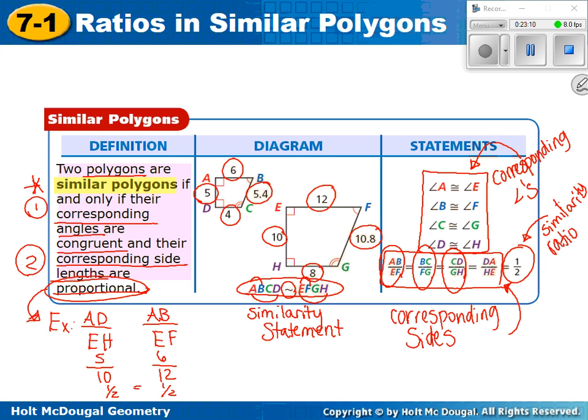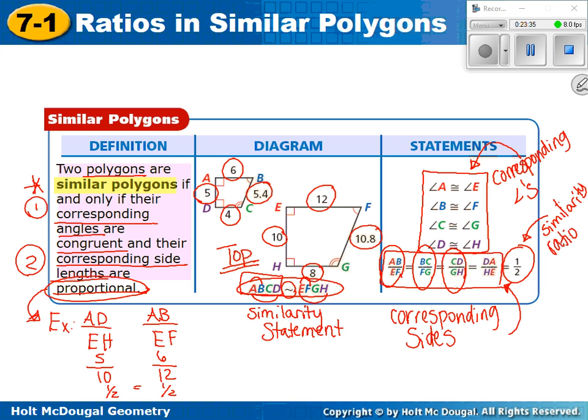Here's the part also that a lot of students make a mistake on. Your similarity ratio needs to match your figure. So whichever one you put first in your statement needs to go on top in your fraction. So if I say ABCD is similar to EFGH, then ABCD needs to be the numbers I put on the top.